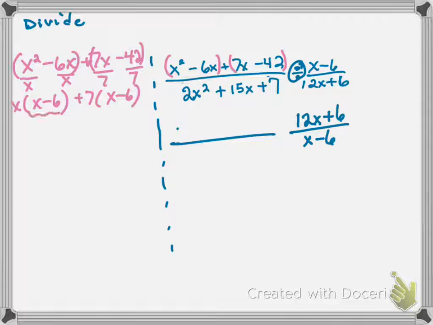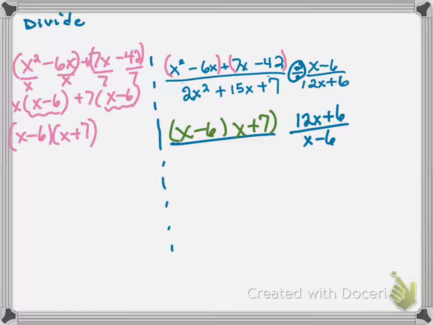I can pull out these two x minus 6 terms. Careful not to change it to a plus 6. And then what I'll have is an x plus 7. So that's the first thing. I've factored that. I'm going to put it on my fraction as x minus 6 and x plus 7.